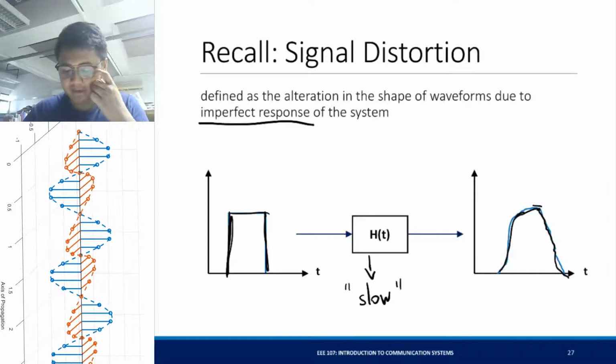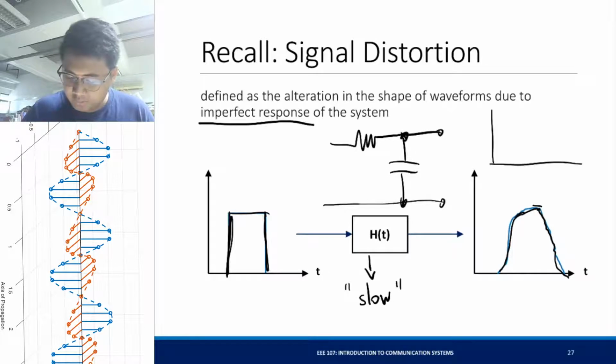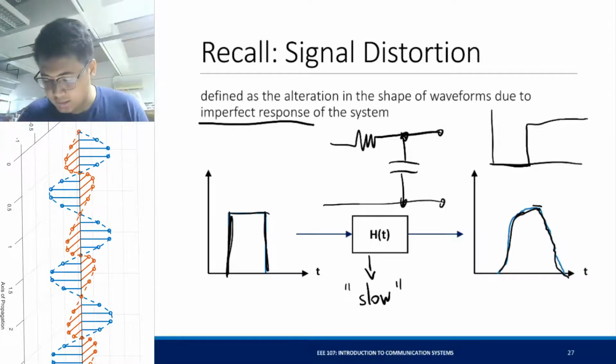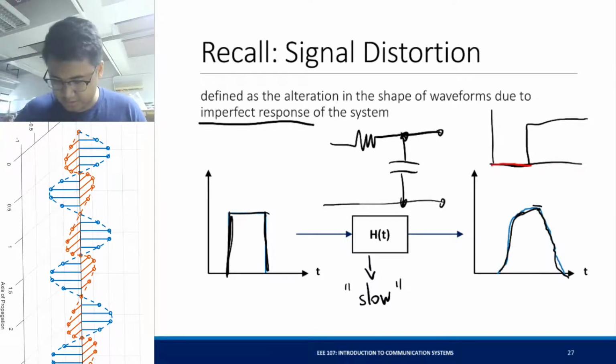For example, if we have an RC filter as your system, and the input is a unit step function, the response of your RC will look something like this. Oops, sorry, Siri.